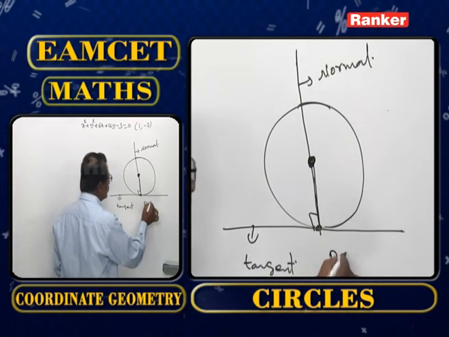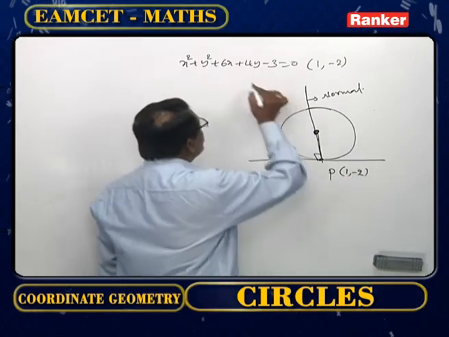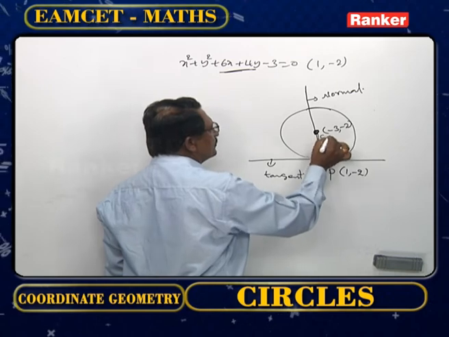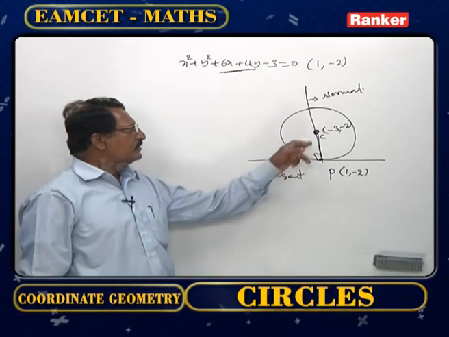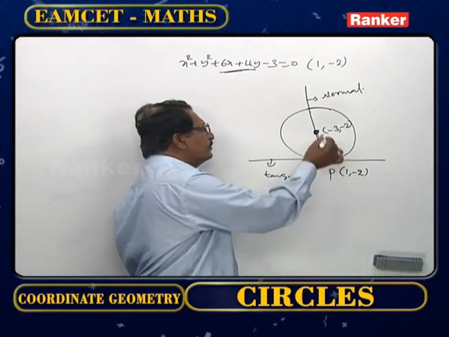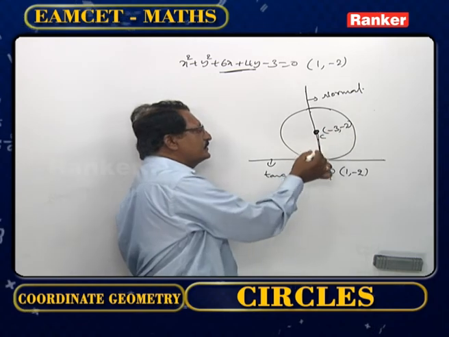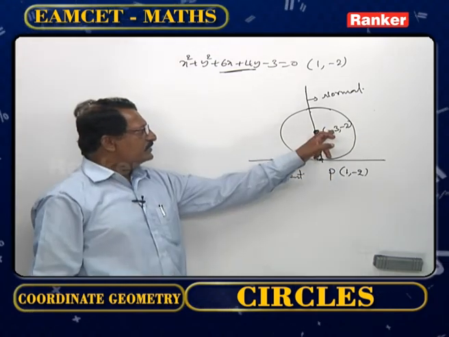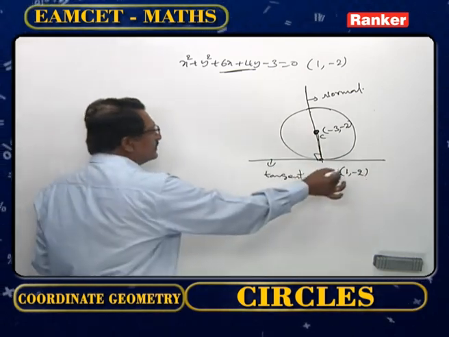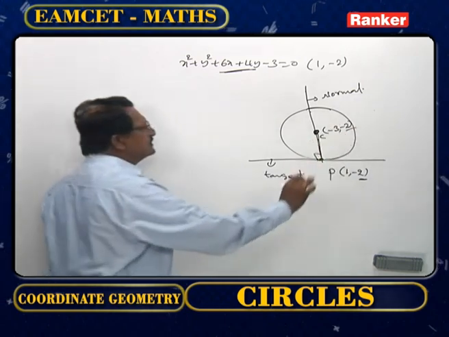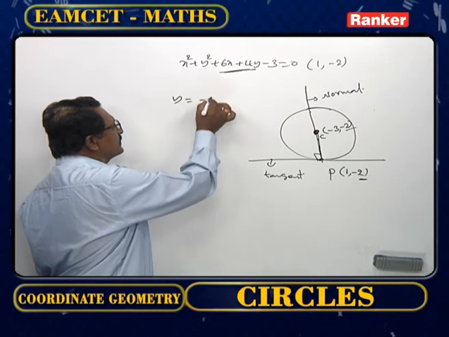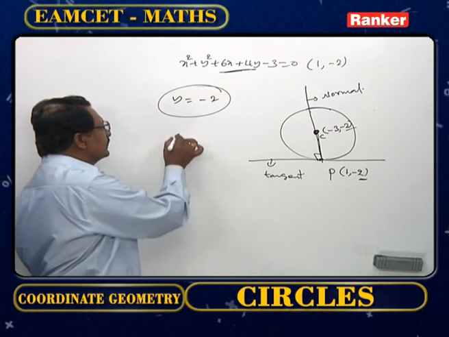Now the given point is (1, -2), and the center of the given circle (-g, -f) is (-3, -2). The required equation of the normal is nothing but the equation of the straight line passing through the points (-3, -2) and (1, -2). Observe that in these two points the y coordinates are equal, so the equation of the line is y equals minus 2, or y plus 2 equals 0.